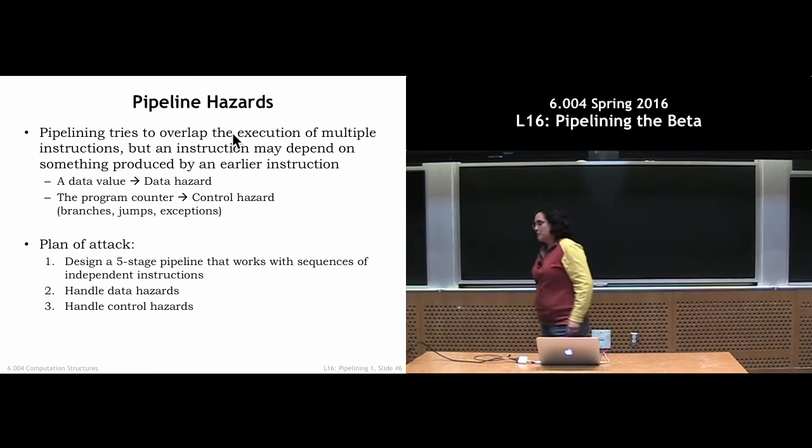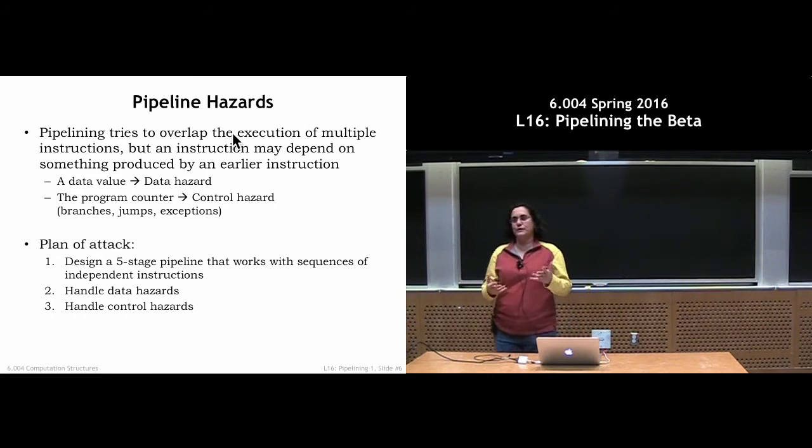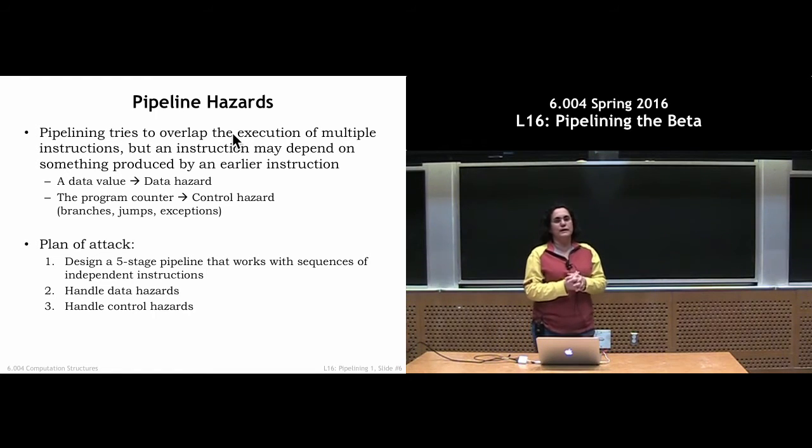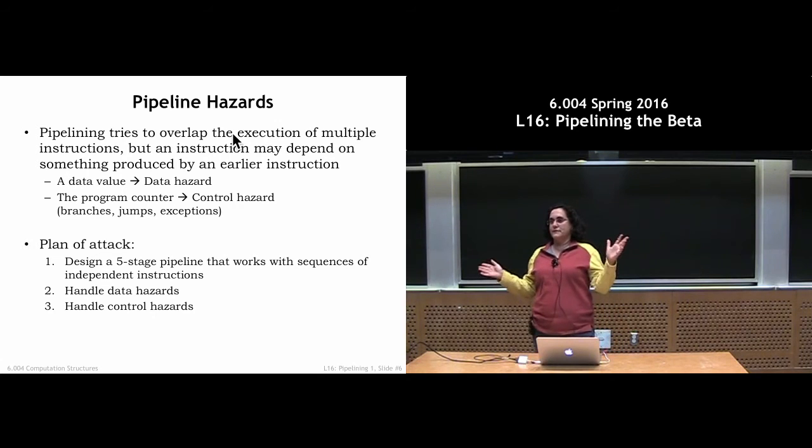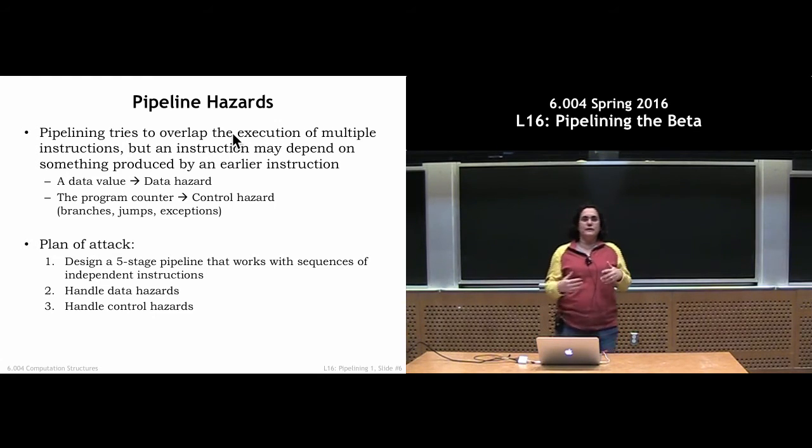Okay, so what's our plan of attack? We're going to first come up with a 5-stage pipeline that works for instruction sequences that don't have any of these hazards. And then we're going to add mechanisms that can deal with the data hazards today and that can deal with the control hazards on Thursday.